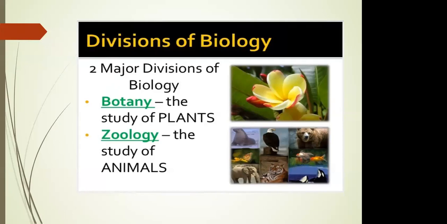First division, botany, and the second division, zoology. Botany is the study of plants. Zoology is the study of animals. Here one more division is there. Let us discuss it now.